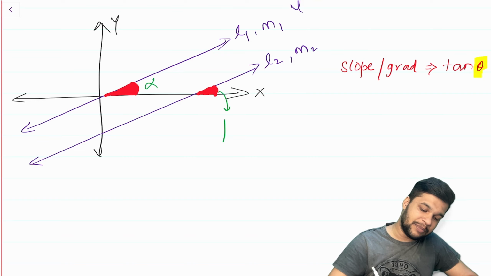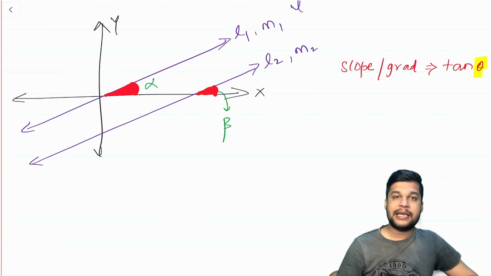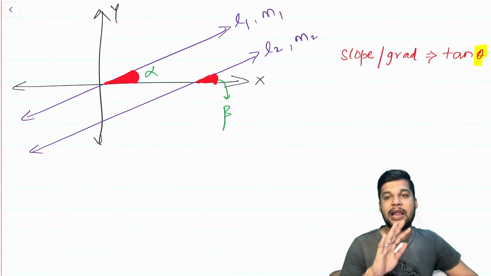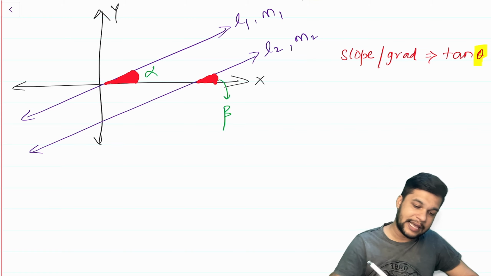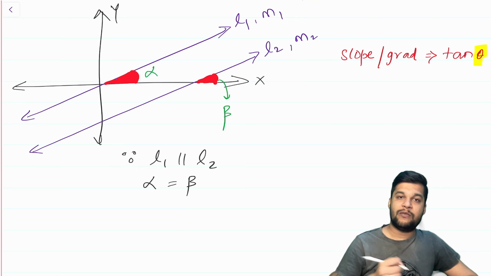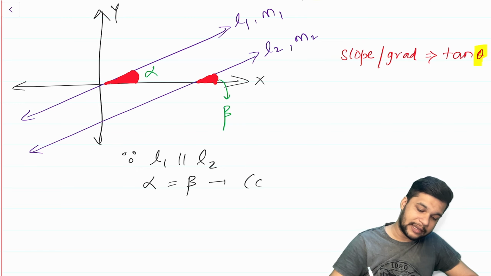Let's say this angle is beta over here. Can I say alpha is equal to beta? Since L1 is parallel to L2, alpha will be equal to beta. Why is that? Because of corresponding angles.